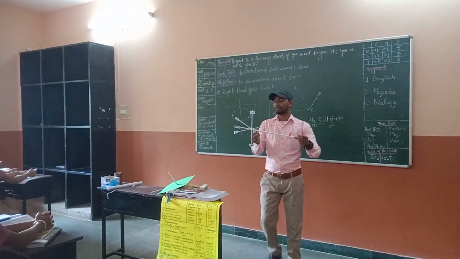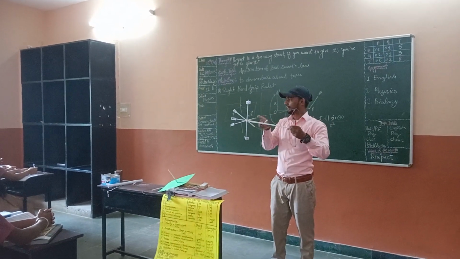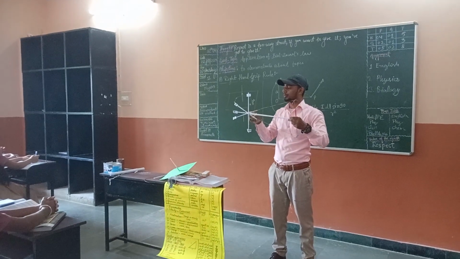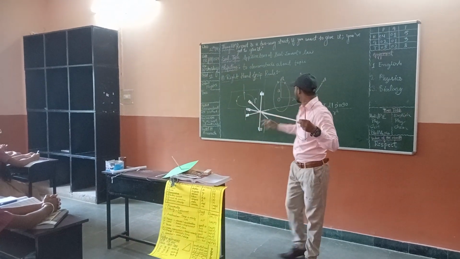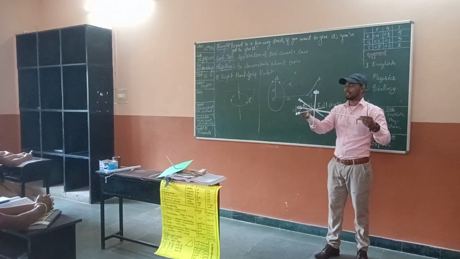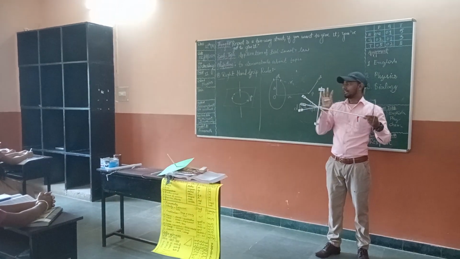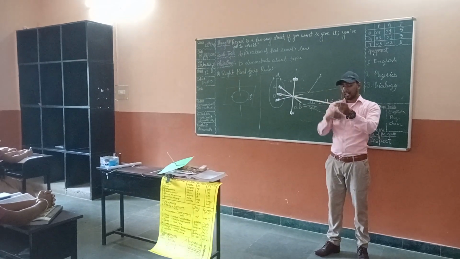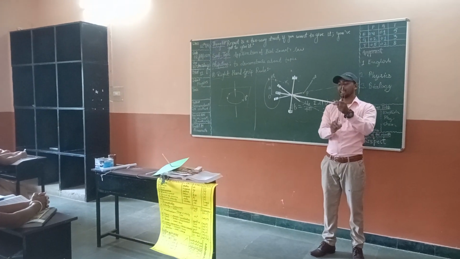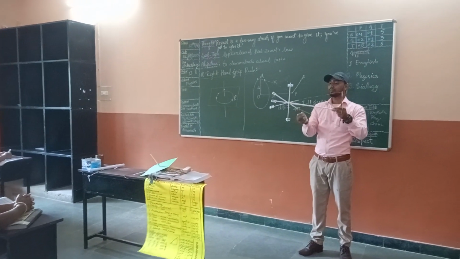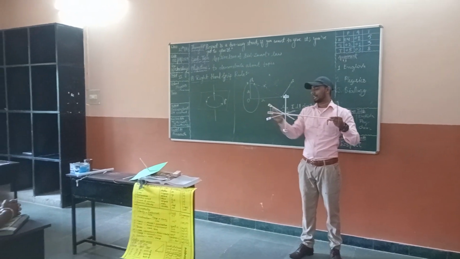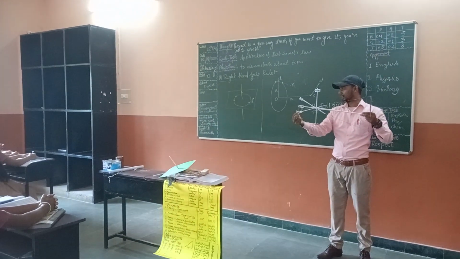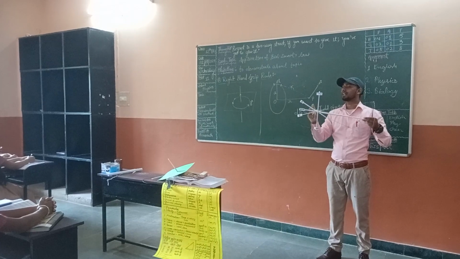Here you can consider this is the line joining to point P. In the same manner, if we take another line element on the bottom side of this circle, then the same thing will happen, and because of this there will be a magnetic field here too.